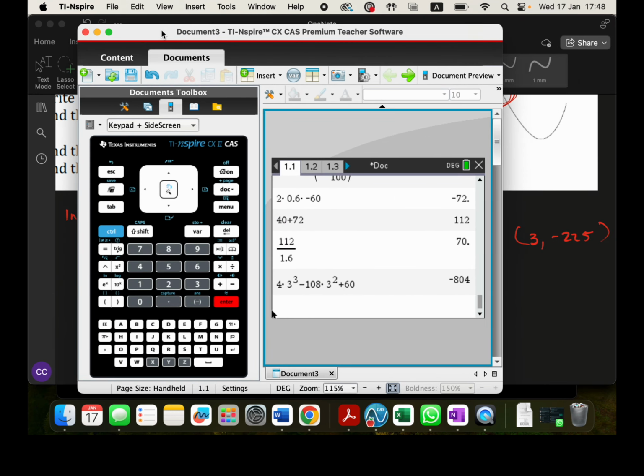And grand reveal, that is the rate of change. All right, I think with that, hopefully you see, you can use your calculator to do a whole bunch for you.